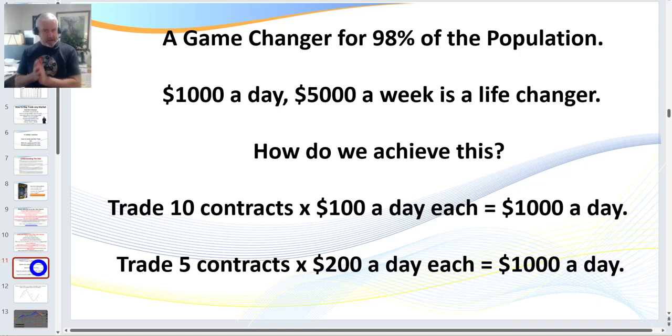So let's now get into this. Now this would be a game changer for 98% of the population globally. If you would hope to earn, say, $5,000 a week, how would you achieve that? Now I'm not going to talk to you about earning $500 to $1,000 per contract and some of the ridiculous things I see out there, because for the majority of traders that is not the reality.